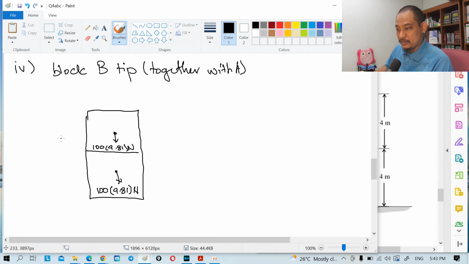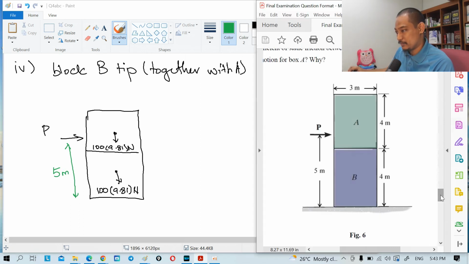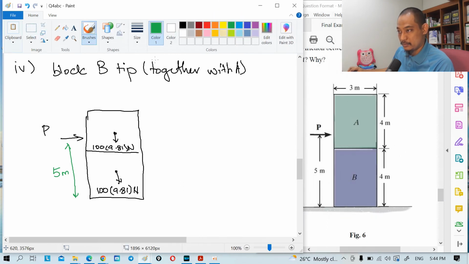The force is still at this place, and the distance is 5 meter from the question. Is it 5 meter? Yes. And then the friction. When we tip, the normal is already at the edge and the friction is unknown, F. So again we will use moment.